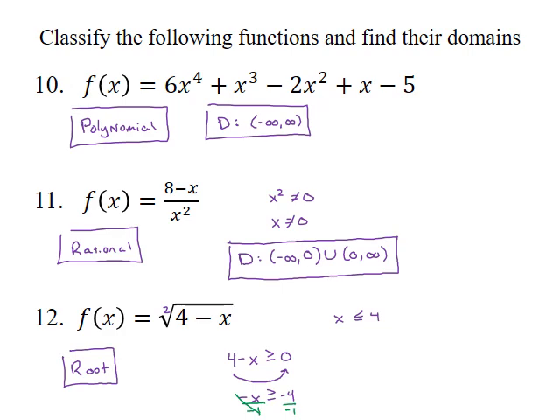Well, if x is less than or equal to 4, that means the smallest number possible would be negative infinity, and the largest number possible would be 4, and we would put a bracket on the 4 because of the equal sign. This is the domain of number 12.